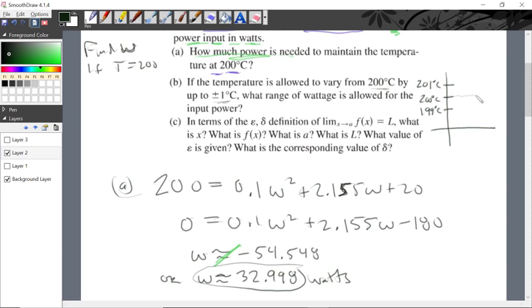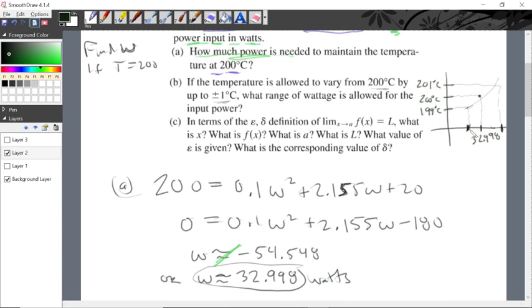Now we know that the mark itself will be hit exactly, well, to 3 decimal places, if we hit 32.998 watts. And the question is, how far to the left and how far to the right of 32.998 are we allowing ourselves to go?